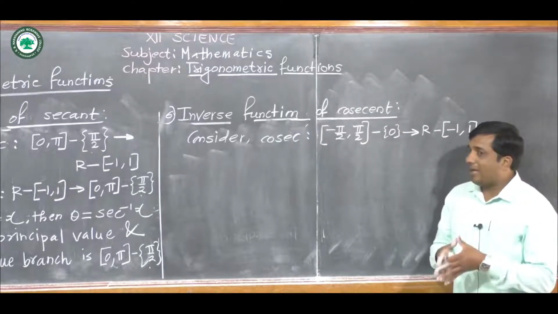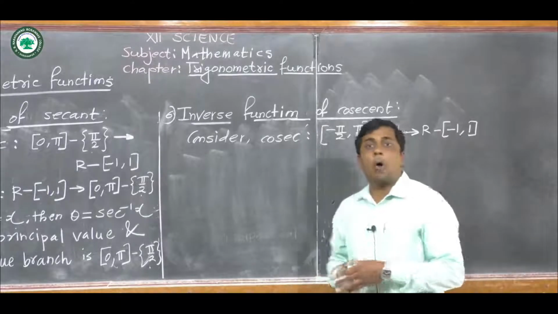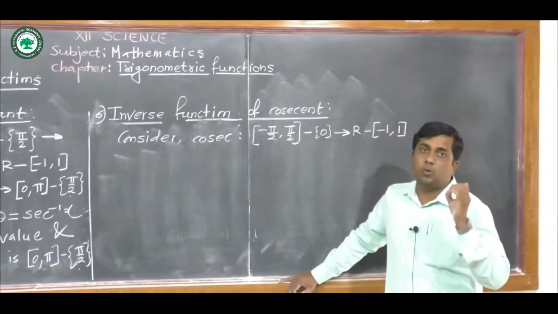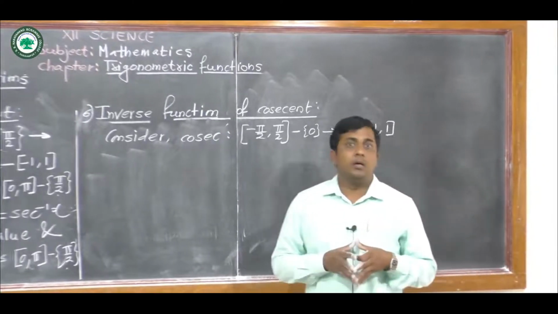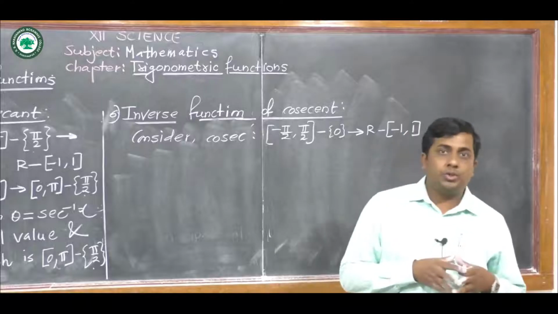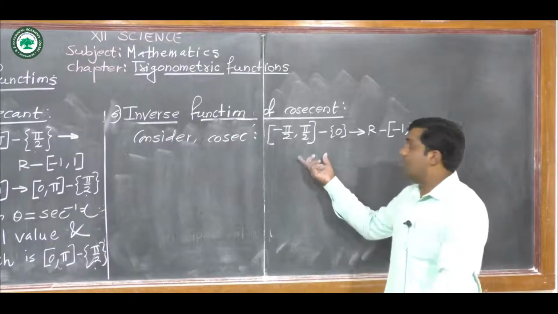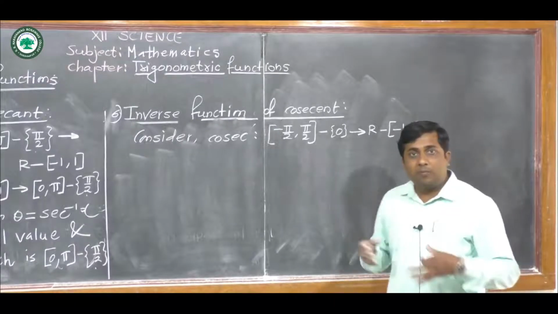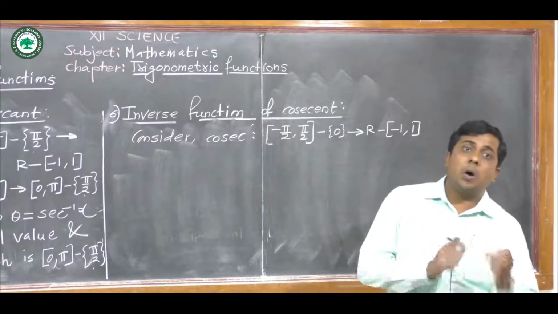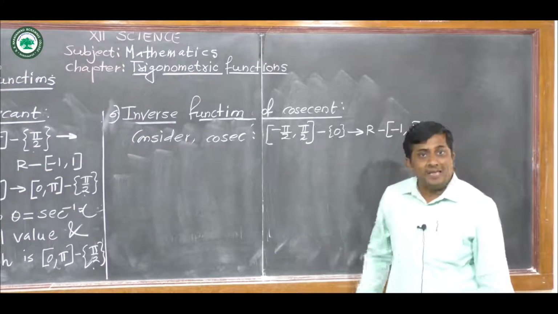Now, by considering the domain and range of cosec, we say it is 1-1 and onto. If it is 1-1 and onto, the inverse of cosec exists.